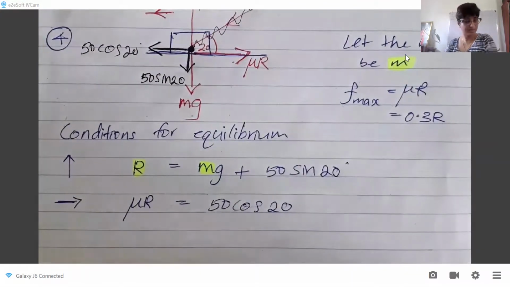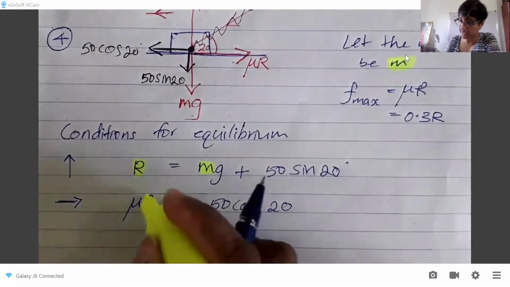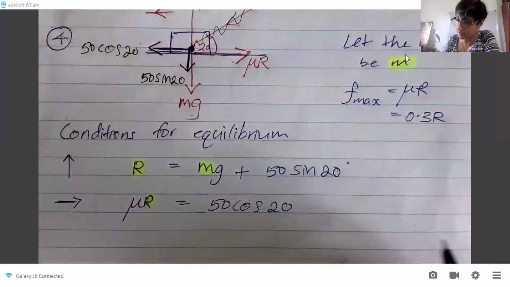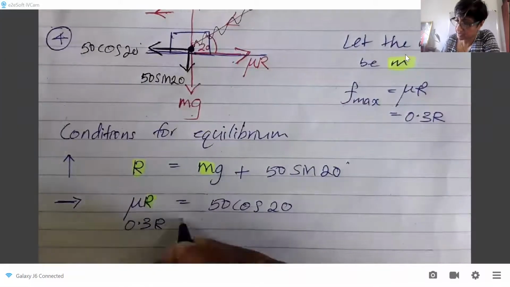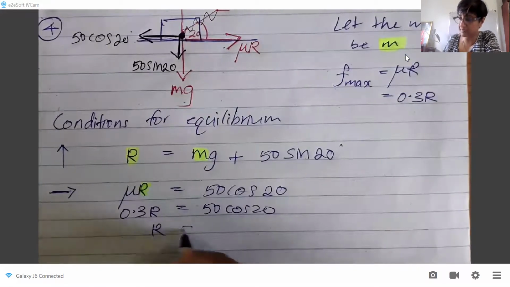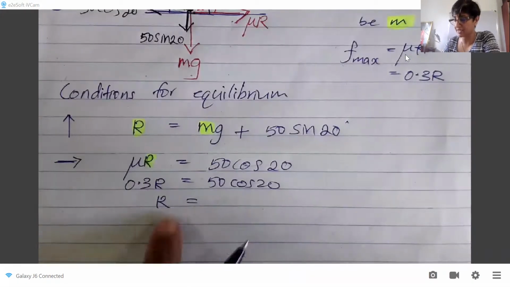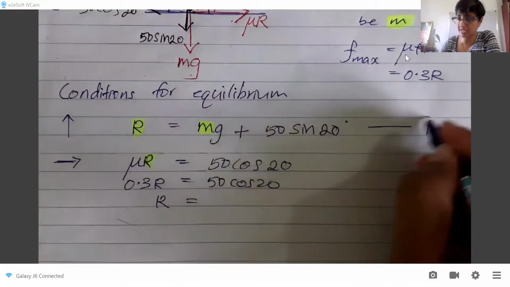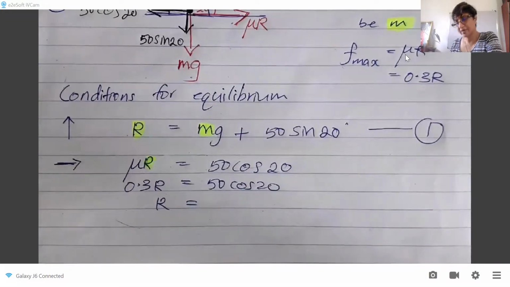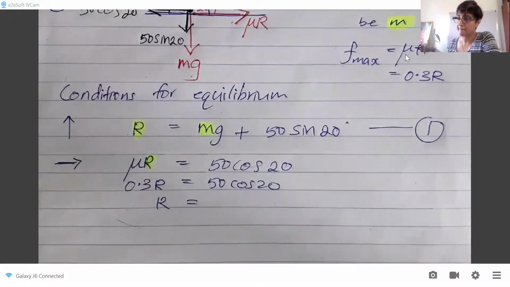Here's my only unknown here. Mu R I can write as 0.3 R is equal to 50 cos 20, and I can easily find R from this. Once I have R from here, substitute it in the first equation and you can find m. So very simple. This was a simple question.